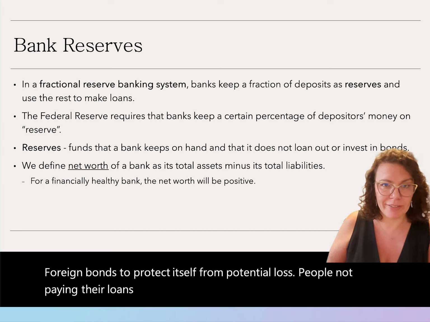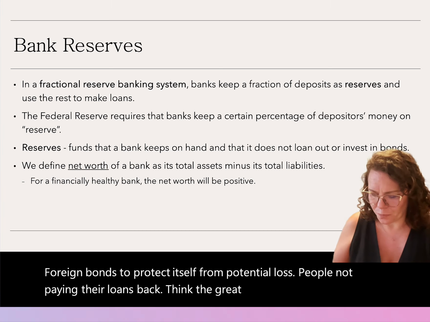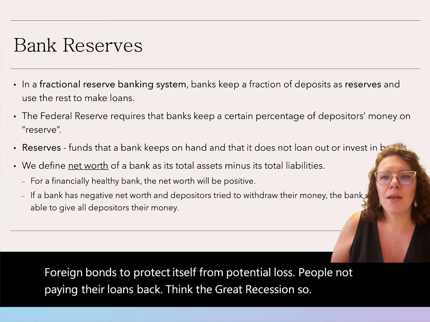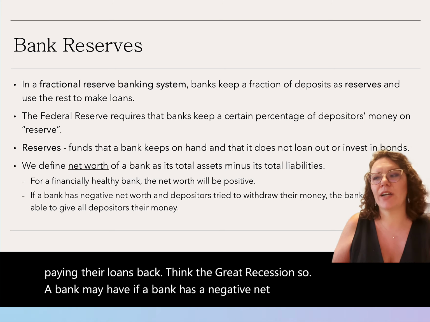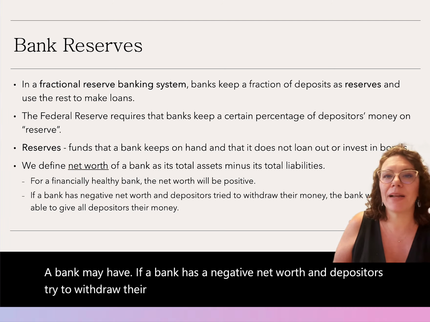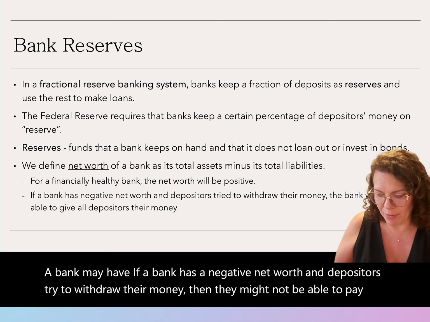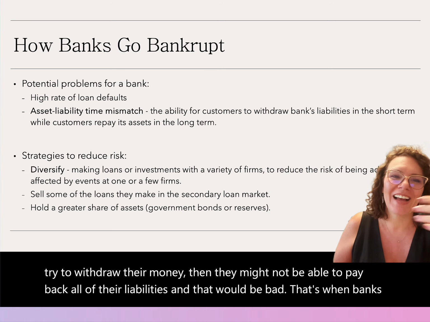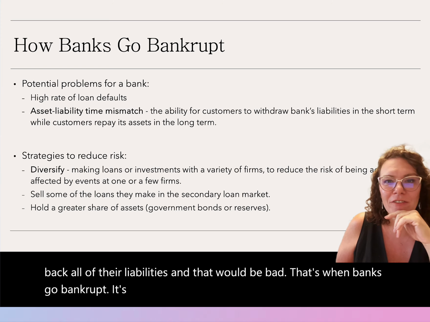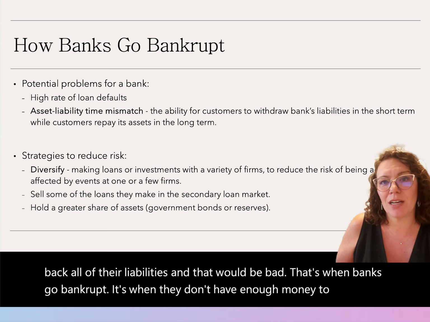Think the Great Recession. If a bank has a negative net worth and depositors try to withdraw their money, then they might not be able to pay back all of their liabilities. And that would be bad. That's when banks go bankrupt. It's when they don't have enough money to give back to their depositors.